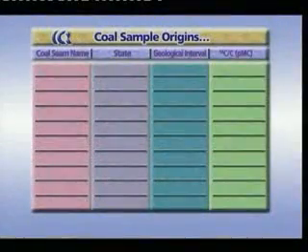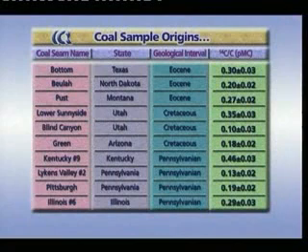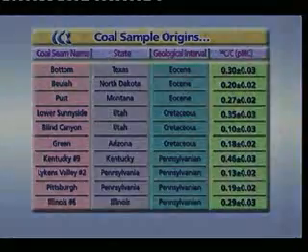We had 10 coal samples analyzed, all collected in a similar manner by the U.S. Department of Energy, all analyzed by what we deem the best radiocarbon laboratory in the world.